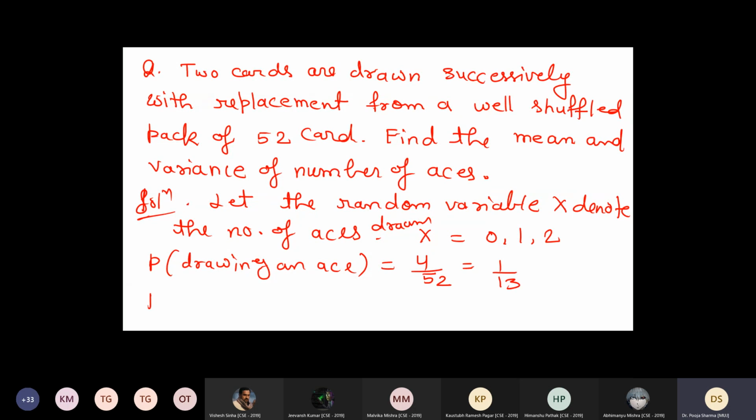And probability of not drawing an ace, वो क्या हो जाएगा? 1 minus 1 by 13, so that is 12 by 13. So drawing an ace is 1 by 13, not drawing an ace is 12 by 13.